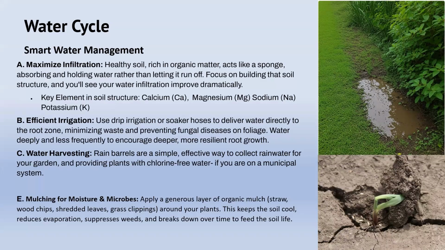Being efficient with our irrigation, we can use drip irrigation and soaker hoses, and we get that directly to the root zone. But something we have to watch out for is, we use those systems to be very efficient, but we can also limit our plant by only keeping a very tight area of soil moist for that plant. And the plant roots can't grow into dry soil.